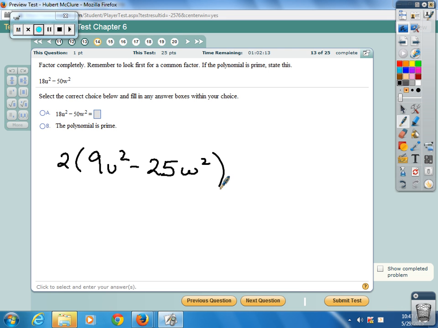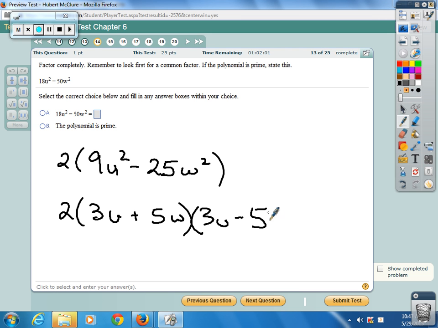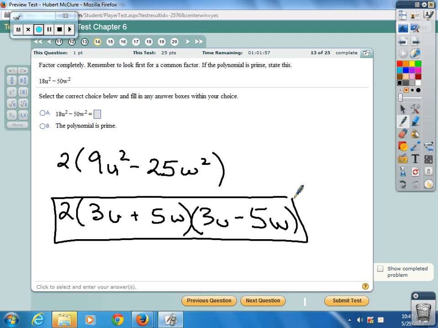Jeez. All right, and what is this? Shortcut number three. 3u plus 5w and 3u minus 5w. That's it. That's all.